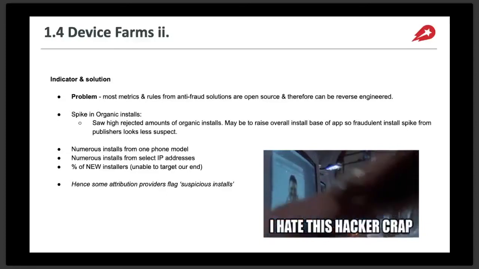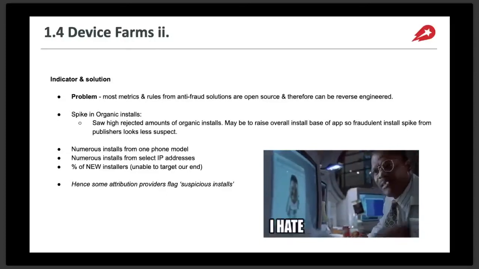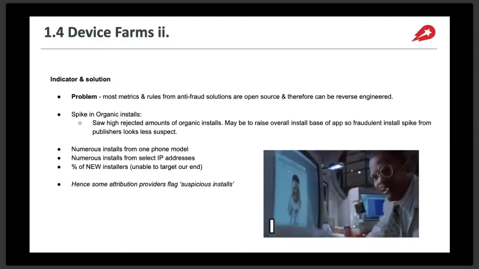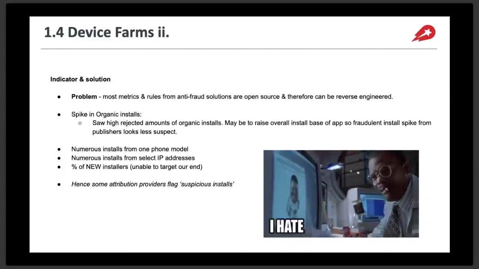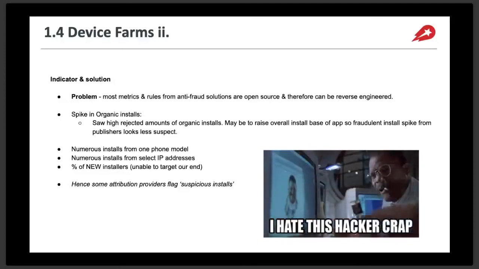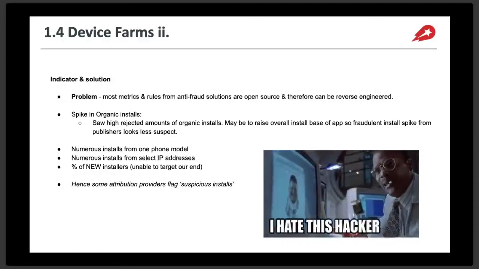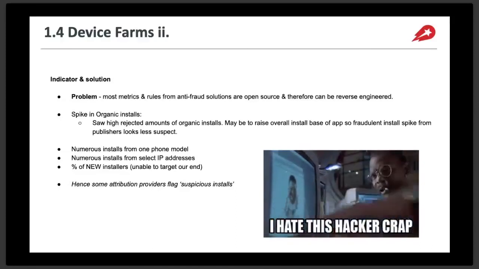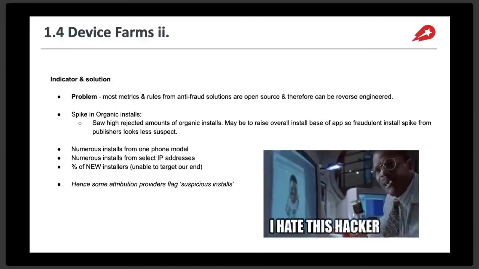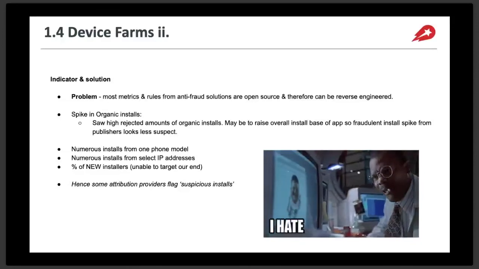So it's good to keep an eye on if you see an overall rise of organic installs. It looks suspicious. And again, keep an eye out for numerous installs from one phone model, numerous installs from one IP address. If they're often using a VPN, that's one thing to group them by. And new installs by device ID. This is always a good thing to run.